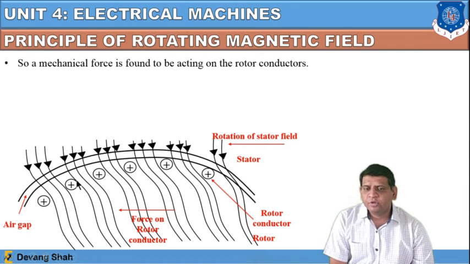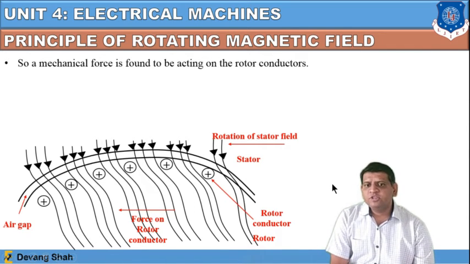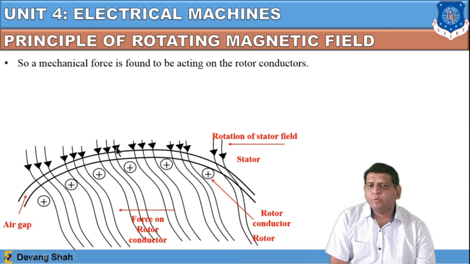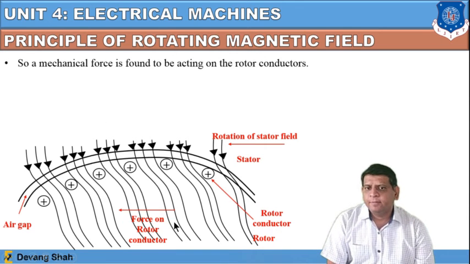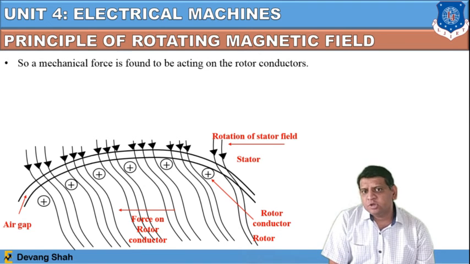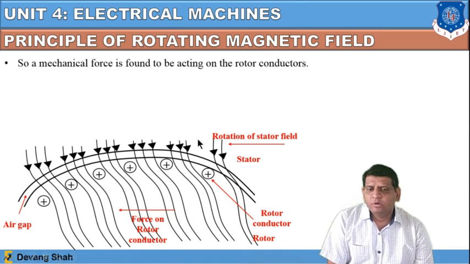Due to this, a force is exerted as per the opposite direction of these two magnetic poles. Because of this, there is a repulsion between the stator rotating magnetic field and the rotor, which generates a force on the rotor conductor, and that gives the rotor a rotational condition.